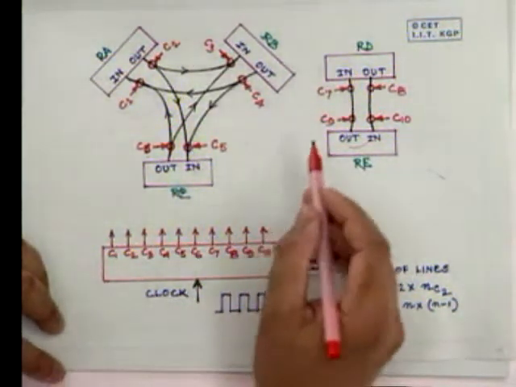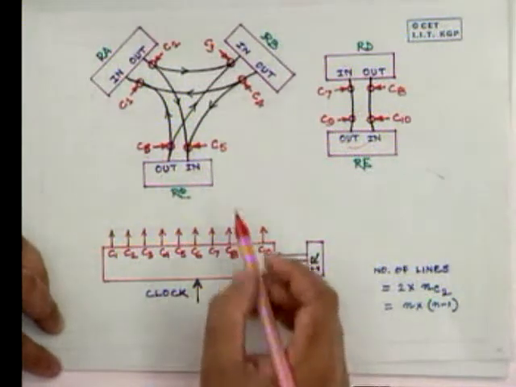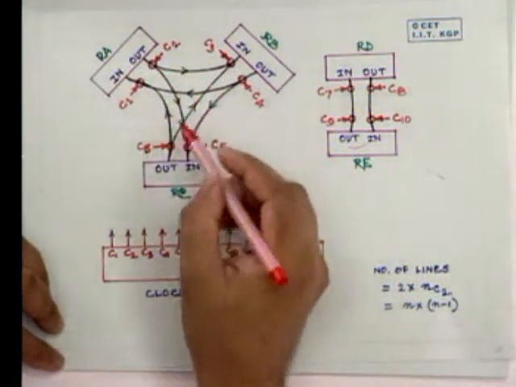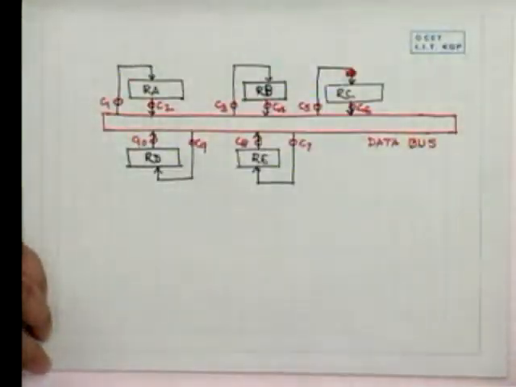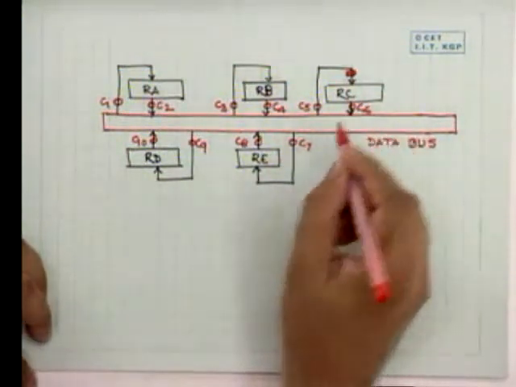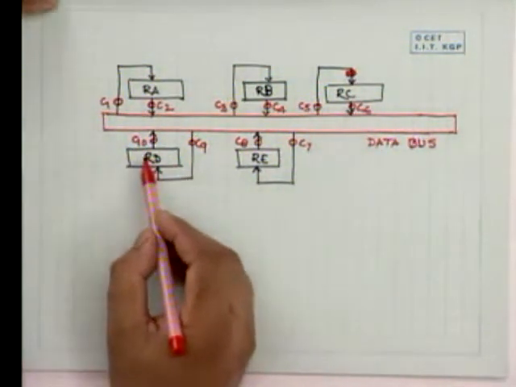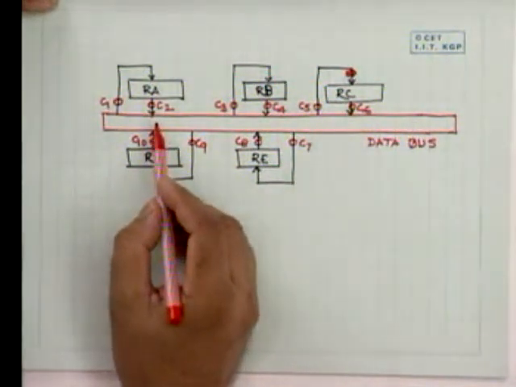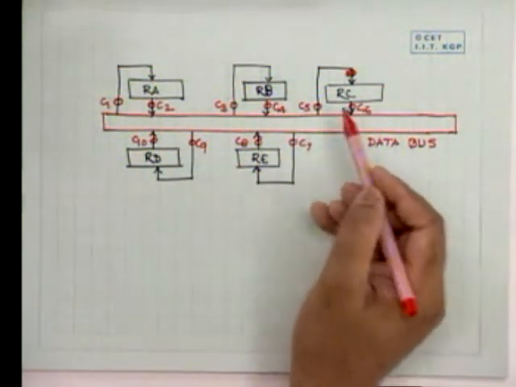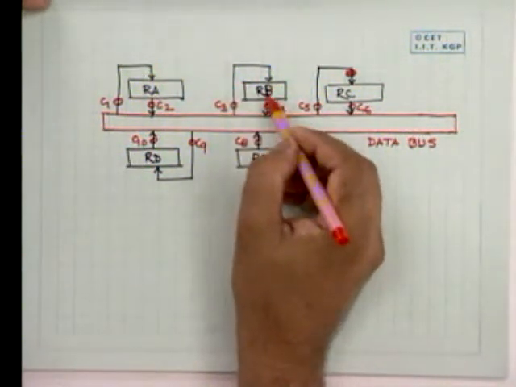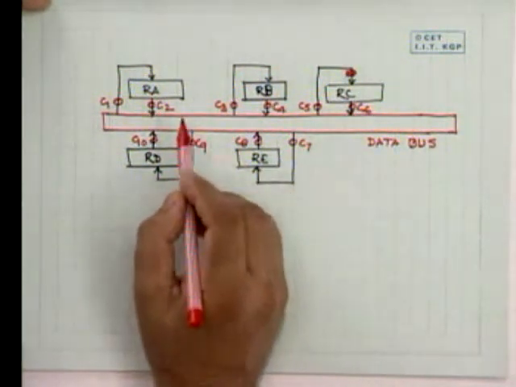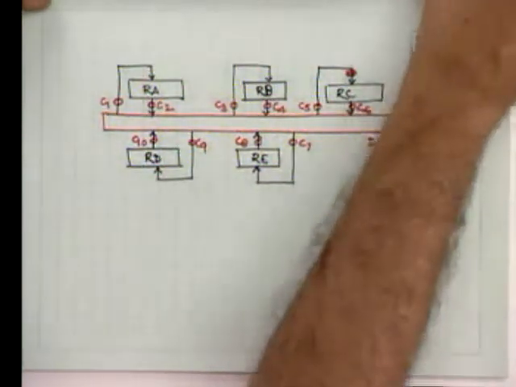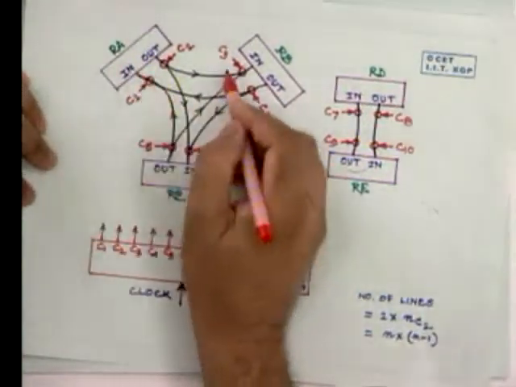Now, one important thing remains. If we have to transfer in parallel, say information from RA to RB and RD to RE, such a situation will not be permitted, because only one register can put its data into the data bus, while one or more registers can of course take the data from it. Therefore, from one to many we can send the data, but parallel independent transfers, like RA to RB and RD to RE, cannot be done here.